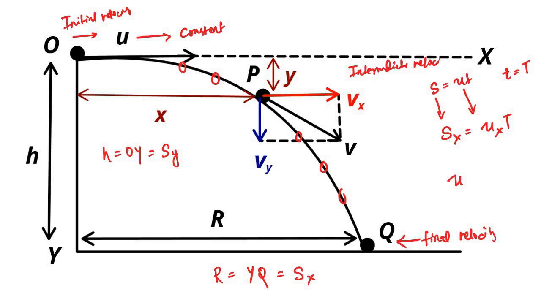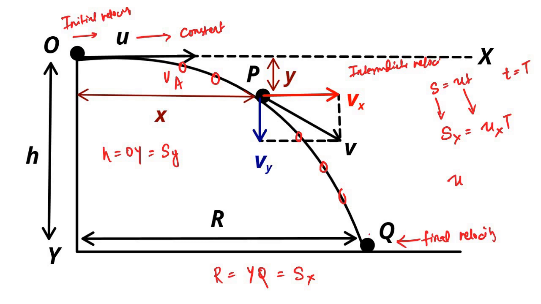Let's say we take any point here, let's say A. So for the analysis of motion from O to A, the initial velocity will always be the same, u, but the velocity at this point, Va, will be the final velocity for the trajectory OA.